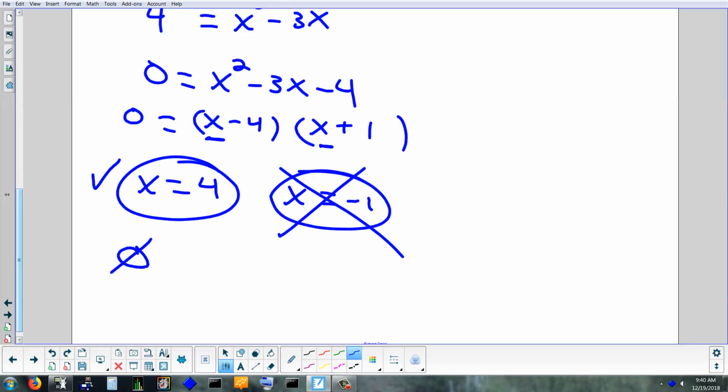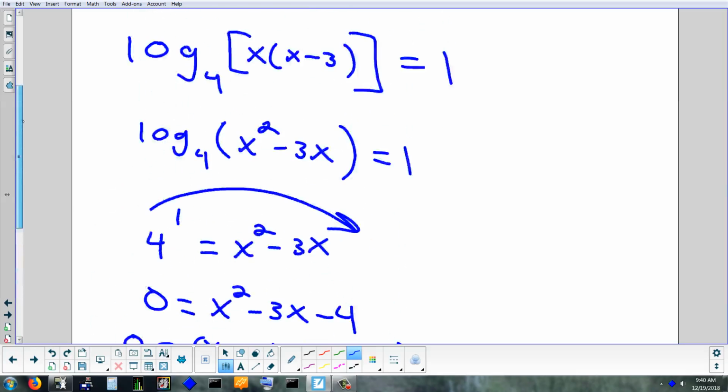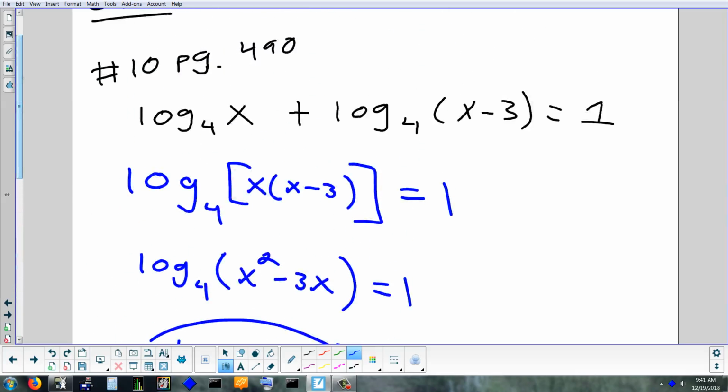You just have to pick which one is correct, so you just check your answers. Any questions on that one? If you see one on the test, I'd probably give you one more like this, because the distributive property is a little easier than the first one we did, where you had to FOIL. But that's the only thing that was easier.